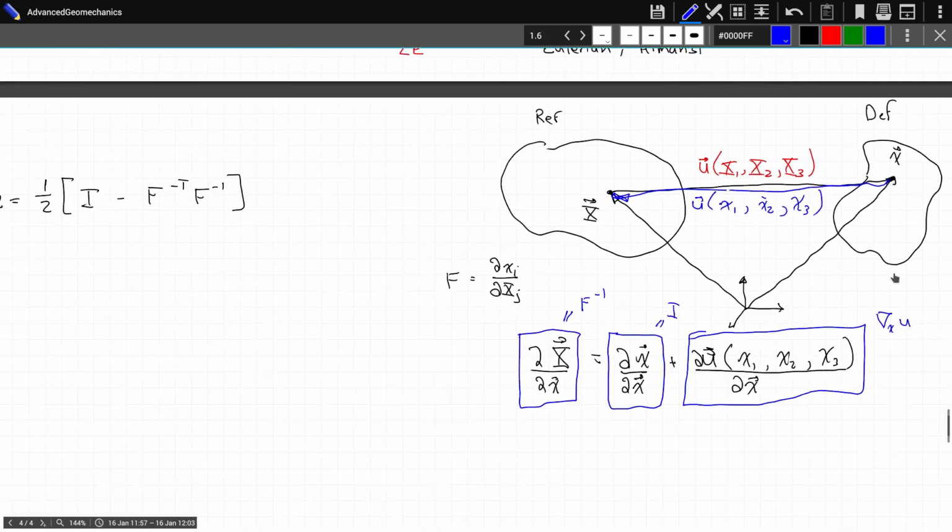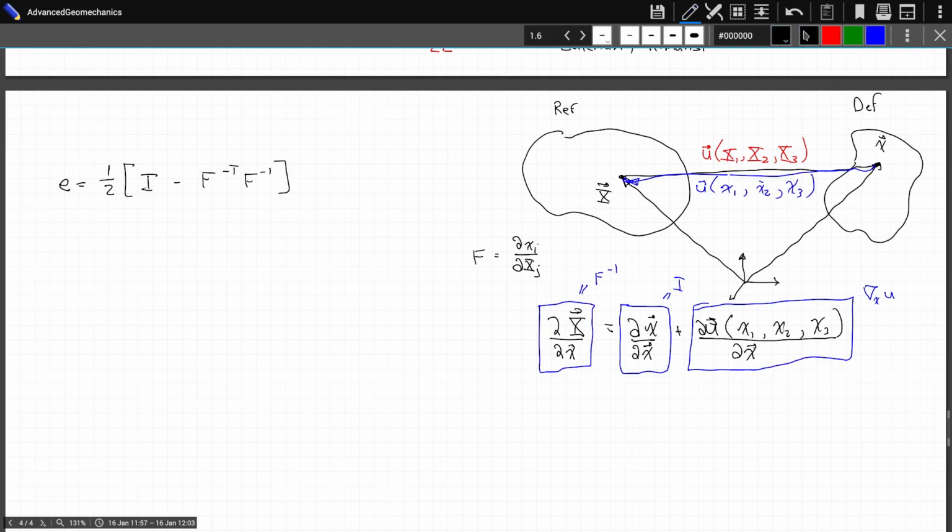Okay, so then ultimately I have the equation F inverse is equal to the identity matrix plus grad little x u. So now I have an equation in terms of the gradient of u for F inverse.